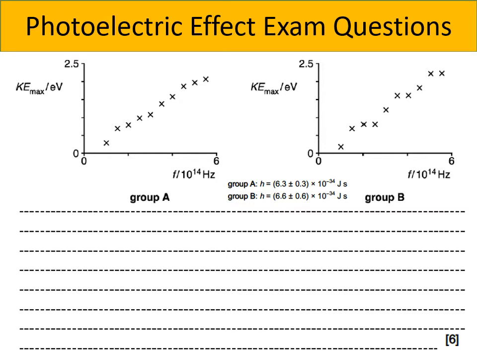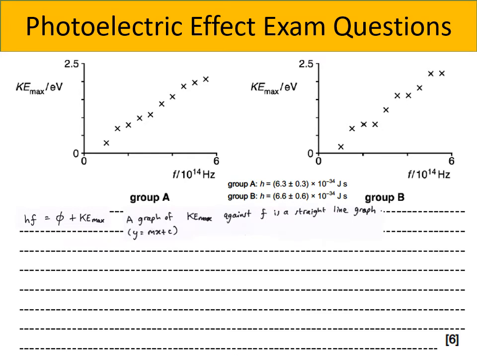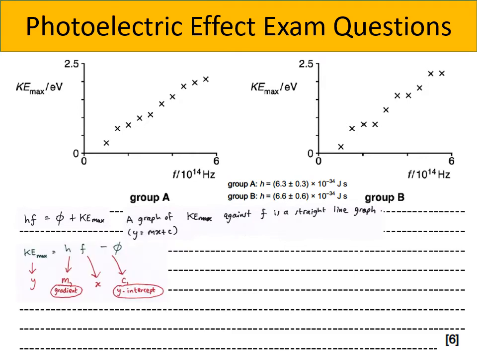The first thing that we need to do is write down Einstein's photoelectric equation, which is hf is equal to phi plus Ke max, and we need to write that a graph of Ke max against f, the frequency, is a straight line graph. We know the equation of a straight line is y is equal to mx plus c. If we rearrange the photoelectric equation to make Ke max the subject, then we have Ke max is equal to hf minus phi.